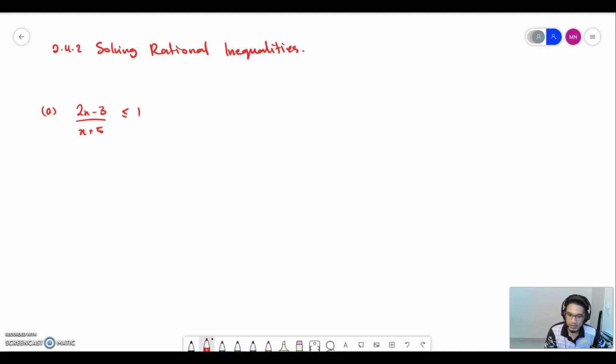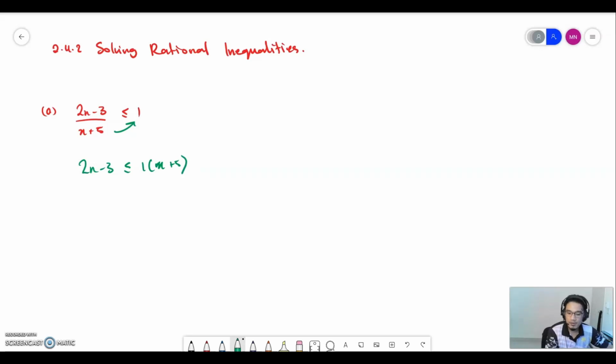When we encounter this kind of question, you should never multiply x + 1 with the 1, making it 2x - 3 less than or equal to 1 times (x + 1). You should never do this, because then you will remove the denominator.